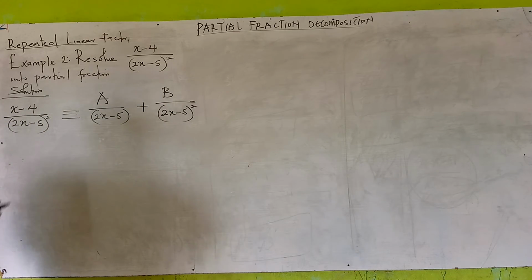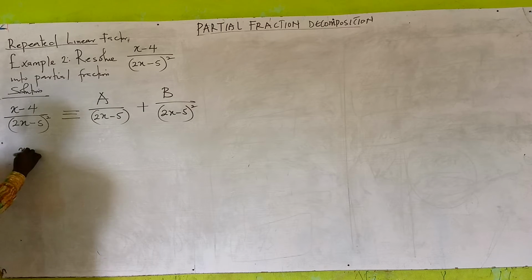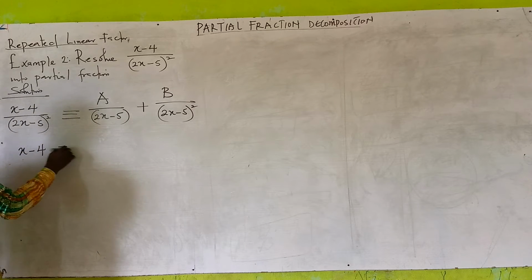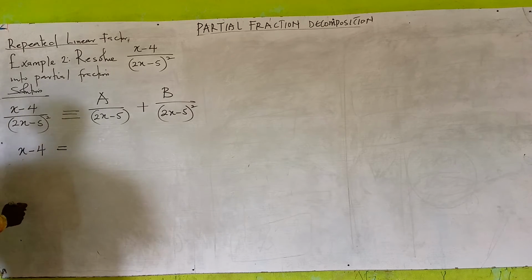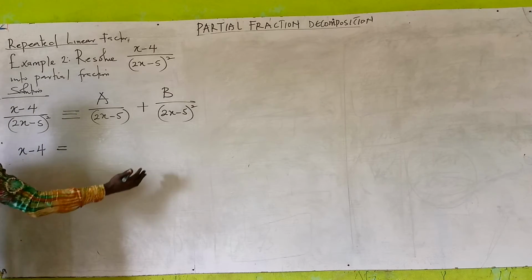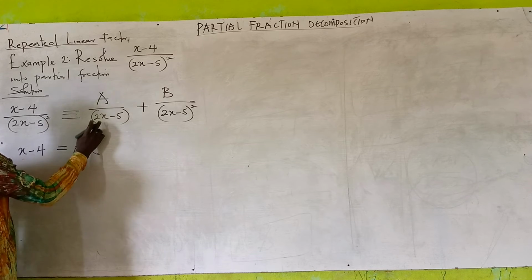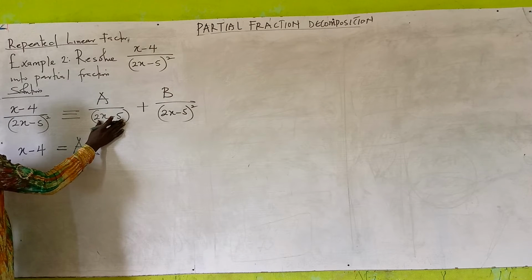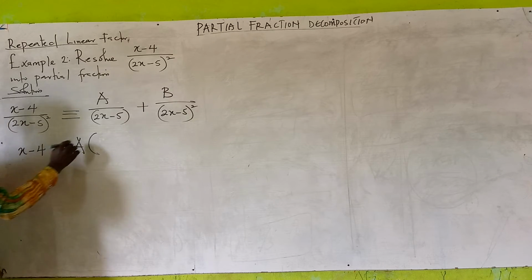Now, from this point, we can just write x minus 4 equals to, I'll not bother to write this. We should understand from our previous example that at the end, on both sides, the denominator here is going to cancel the other denominator here. We have a into bracket 2x minus 5. We'll cancel one of these 2x minus 5, so we still need 1.